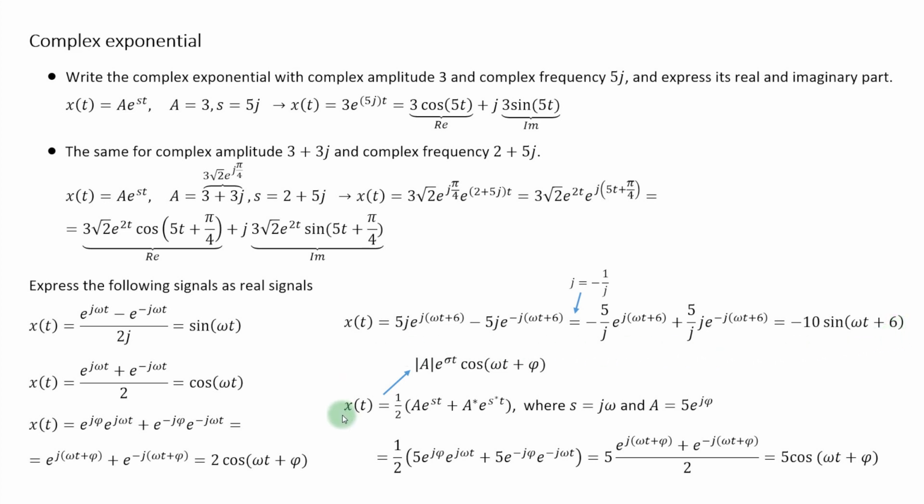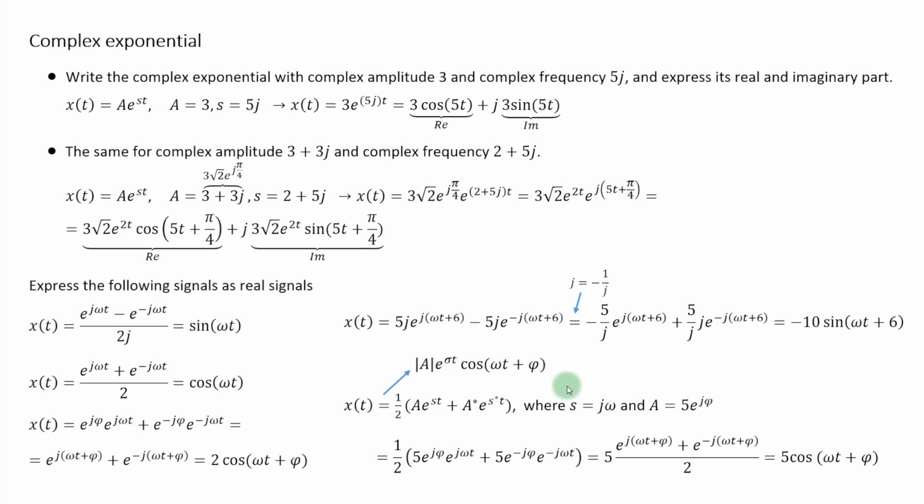Now another problem. Here I have a signal which is the sum of these two complex exponentials, where this s, the complex frequency, is equal to j omega, and this a, the complex amplitude, is equal to 5 times e to the j phi. Now, to solve this, you could just use the formula from the lecture, where I showed you that this expression is equal to this one.